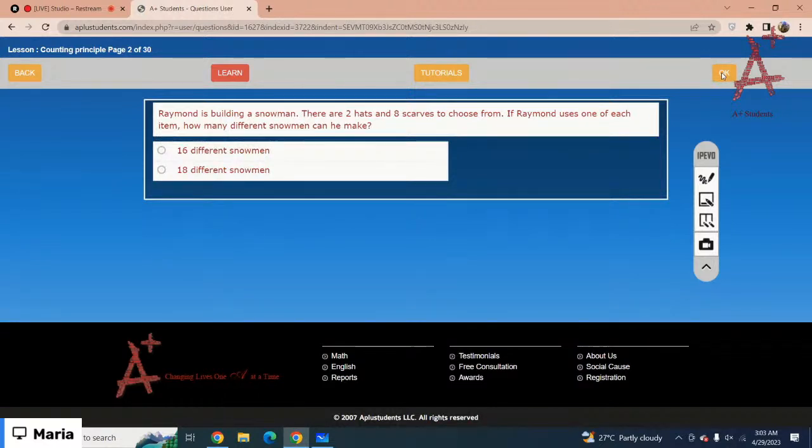Okay, the next one is Raymond is building a snowman. There are 2 hats and 8 scarves to choose from. If Raymond uses one of each item, how many different snowmen can he make?